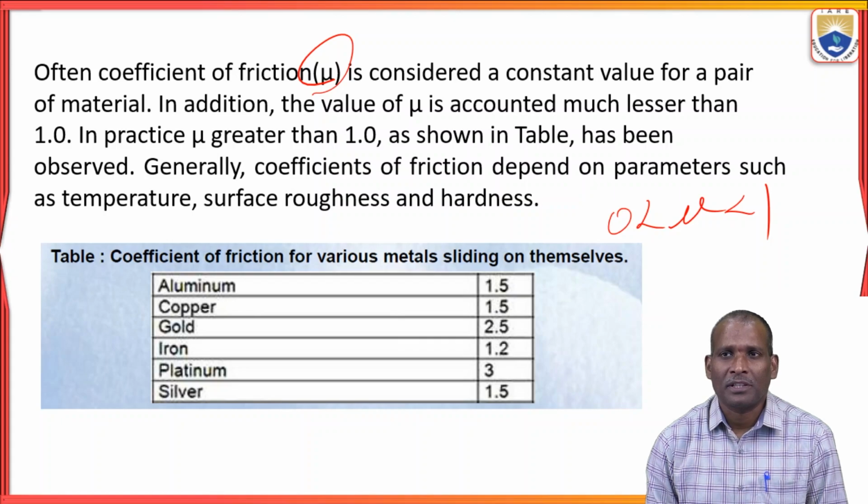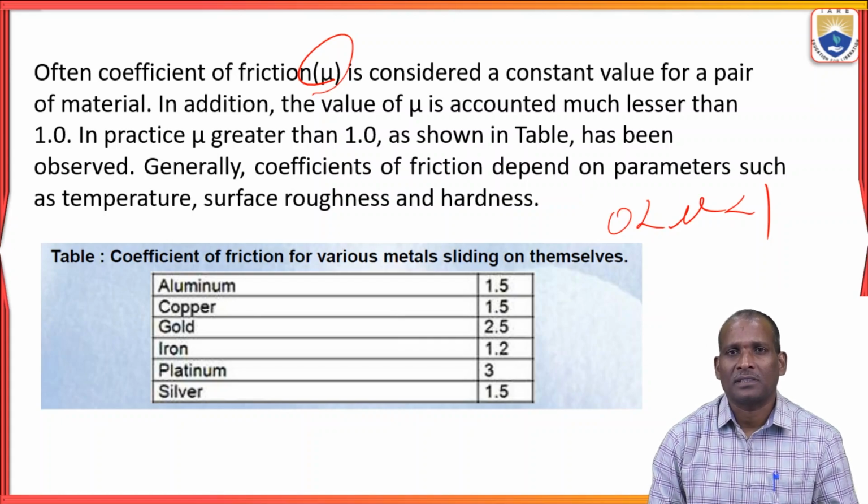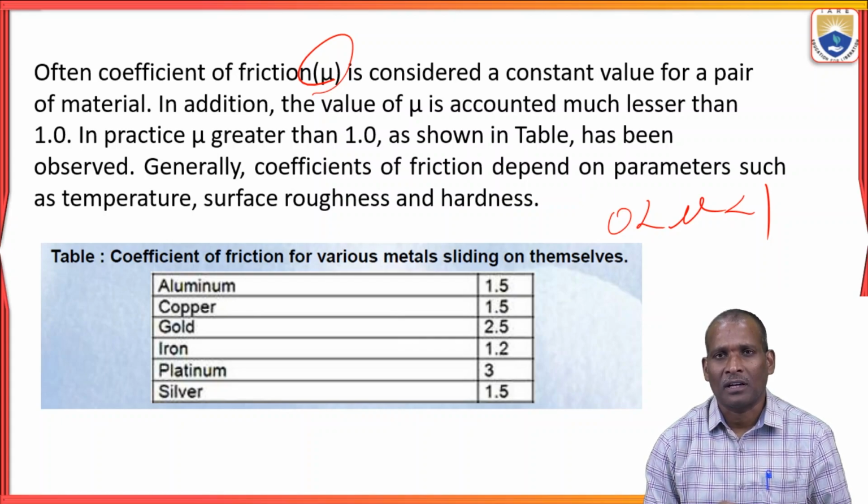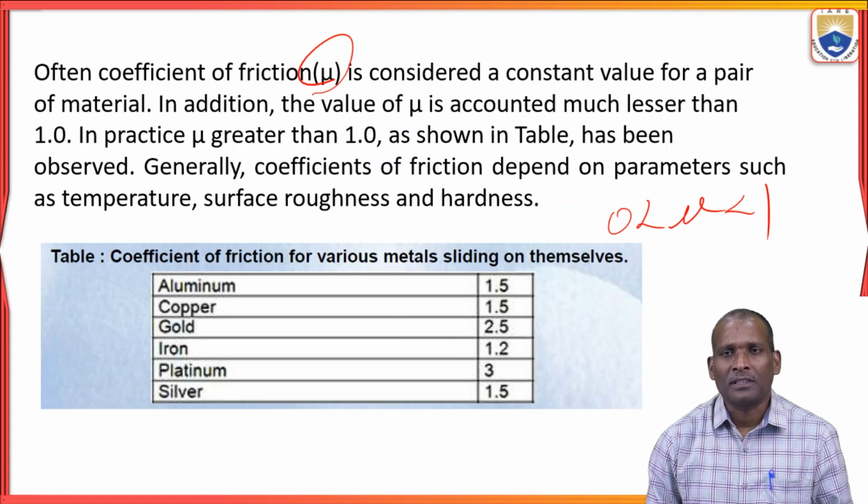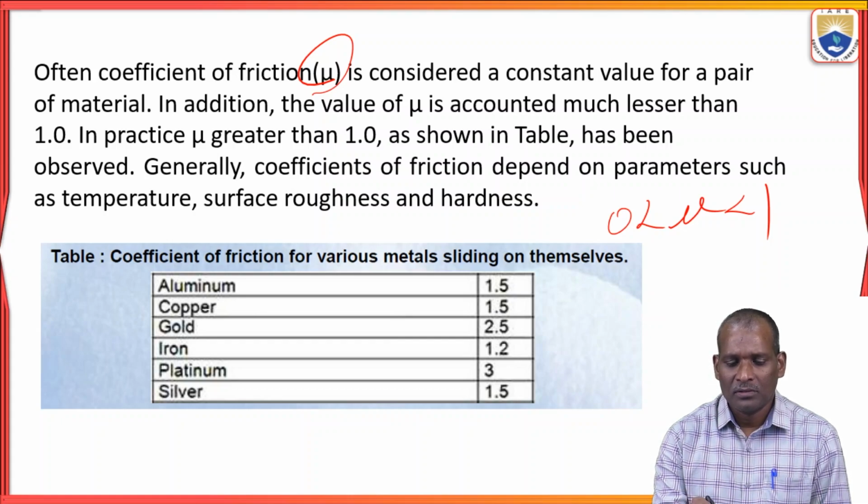Generally, the coefficient of friction depends on parameters such as temperature, surface roughness and hardness, and it is based on mechanical properties, surface chemical properties, and the structure of the material. Here in this table, the coefficient of friction for various metals sliding on themselves is shown.